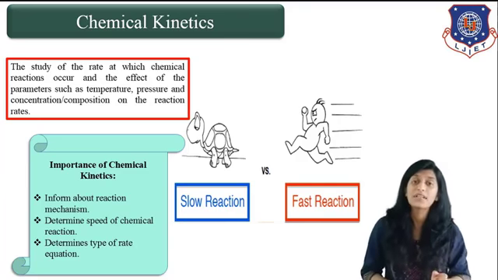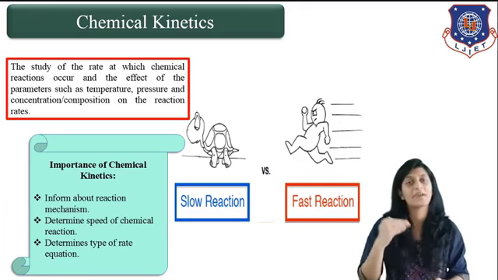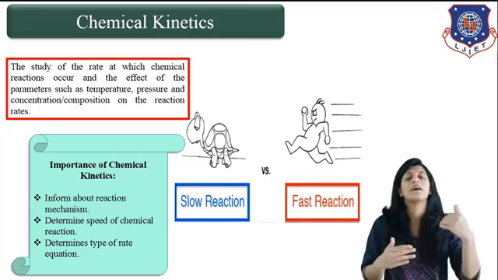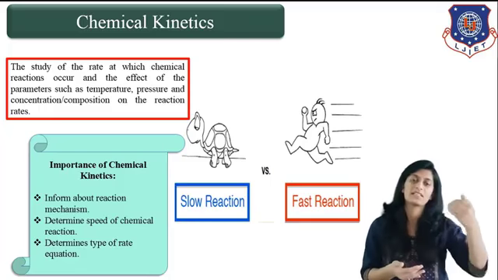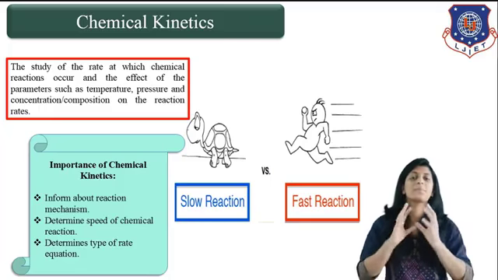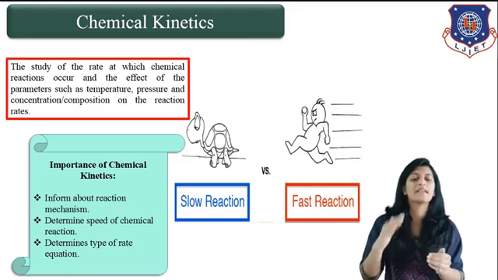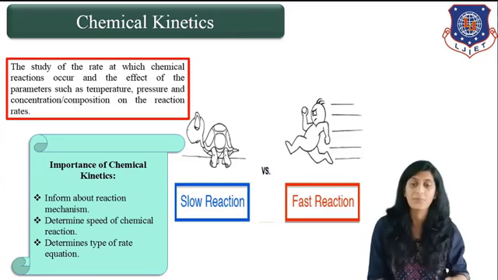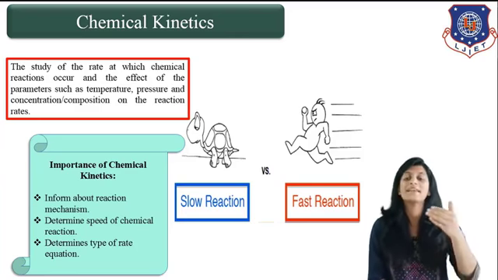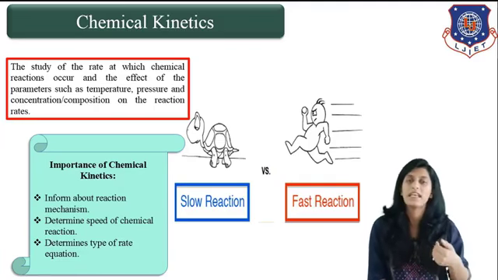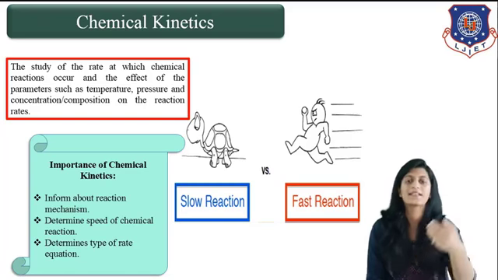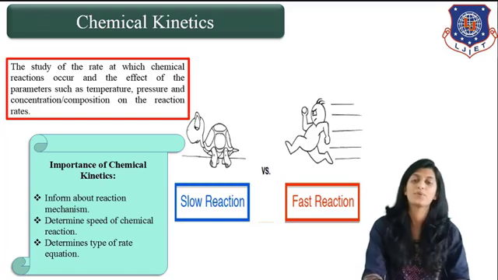We can also determine the speed of chemical reaction, whether the given reaction is a slow reaction or a fast reaction, right? So depending on chemical kinetics data, we can determine the speed of chemical reaction. We can also determine the type of rate equation, right? The rate equation associated with this chemical kinetics can also be determined using this.